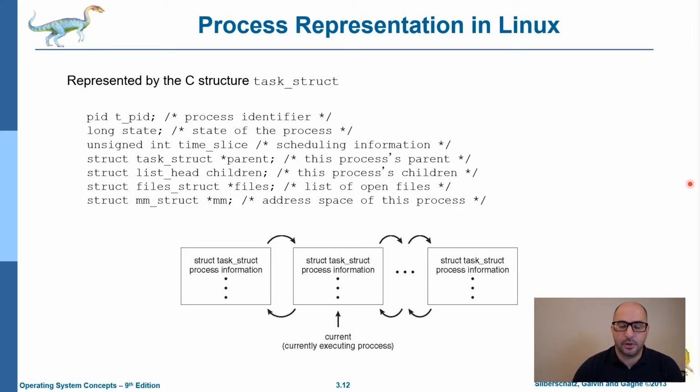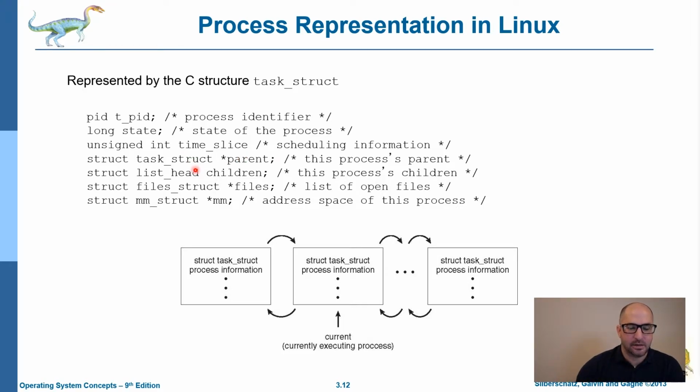For those of you that are interested in doing your projects on the scheduler within Linux, the description of a task struct, which describes a process, is a doubly linked list. And within that structure, there is a link to the parent process, the process that requested this process to execute.